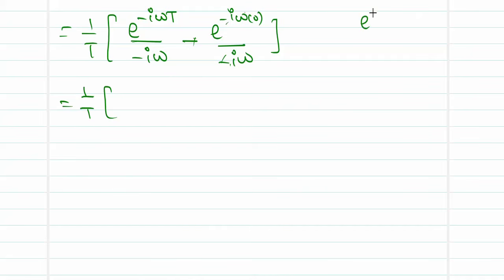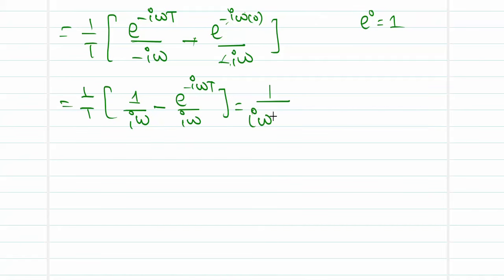E power 0 makes it 1, so I have 1 divided by j omega, minus sign is here, e power minus j omega T divided by j omega. Let us take the LCM common outside: 1 minus e power minus j omega T.